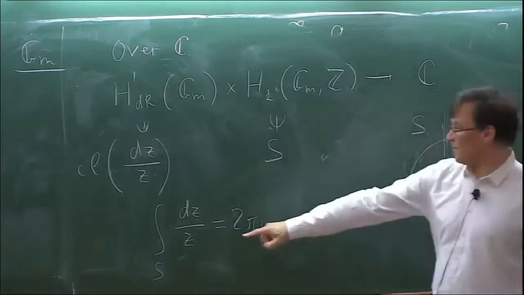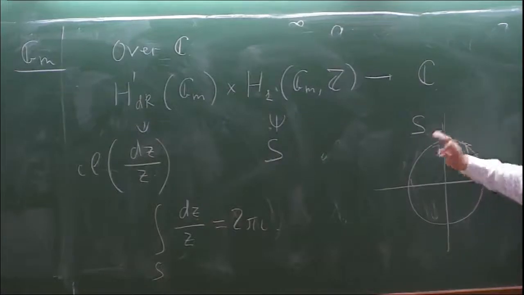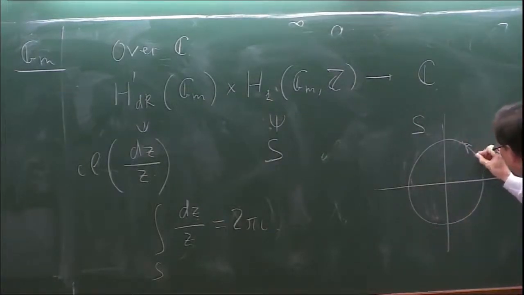But we can write this same thing differently. We cut this circle into n pieces, and here we have an nth root of unity.